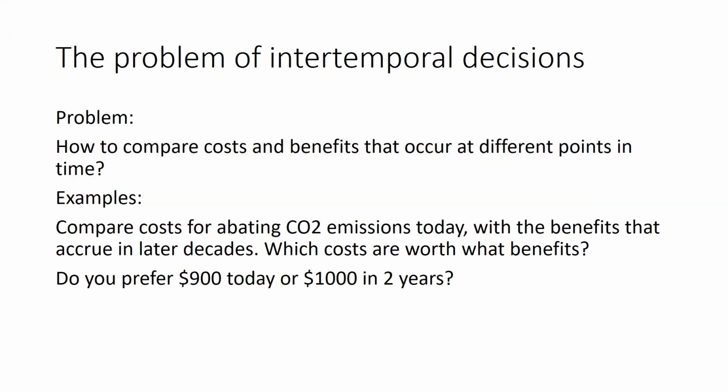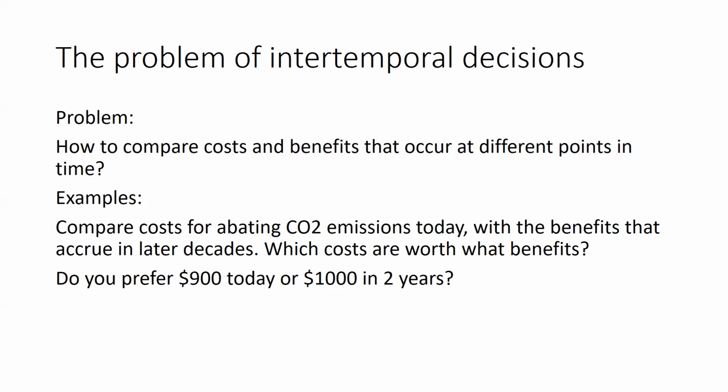Oftentimes we pay our costs up front for benefits that we're not going to see materialize for some time. So you might think of comparing the costs for abating carbon emissions today with benefits that future generations are going to see, and we need a way to compare those costs and benefits. Or more simply, would you all prefer $900 today to $1,000 2 years from now?